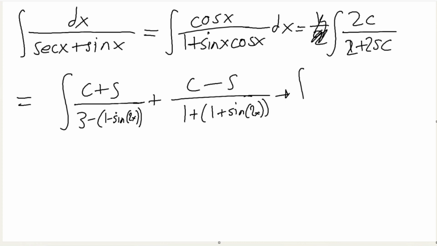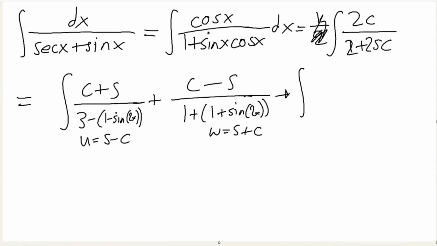Here our u is sine minus cosine. Our w here was sine plus cosine. Okay, just a reference here.